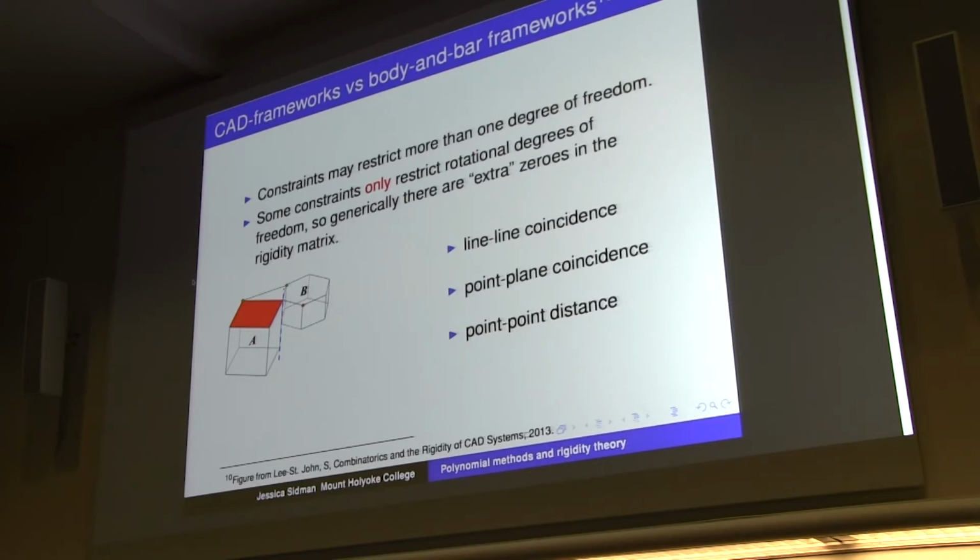There's a red plane affixed to the top of the cube, and a red point on that hexagonal prism, and I'm saying that that point has to lie in that plane. So it's like an infinite plane, and that will stop my sliding motion up and down. I still have the rotational motion, and I stop that by putting a green point on each of the rigid bodies and specifying a distance between the green points, and now I can't rotate anymore.